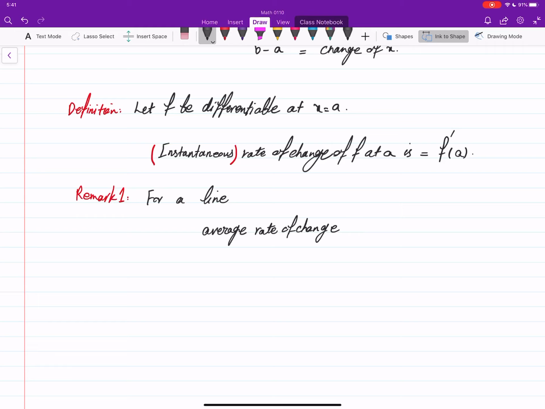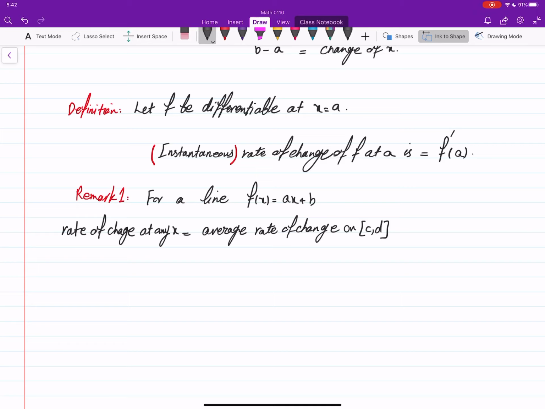What I mean by line is, if the function is an equation for a line, then the rate of change on any interval, let me write [c, d], is equal to the rate of change at any point.